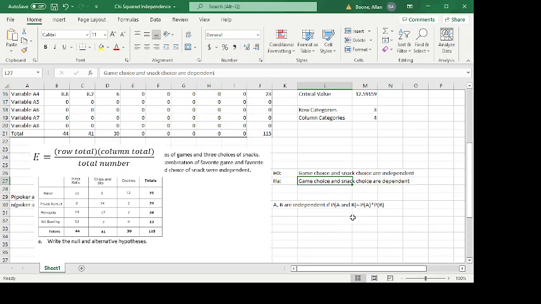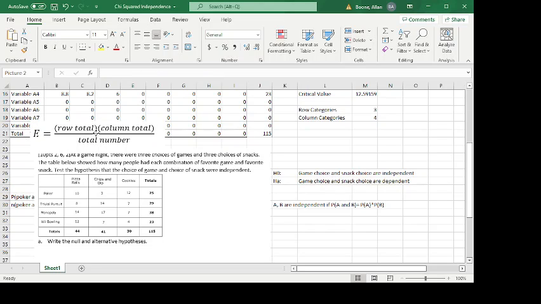You can also do this for the test of homogeneity, where the null hypothesis is that both populations have all the same proportions, and the alternative is that the 2 populations have different proportions. But all the calculations, whether it's a test of independence or a homogeneity test, end up being identical.